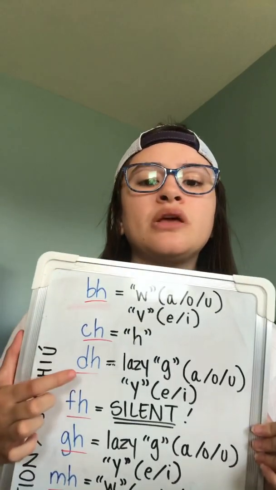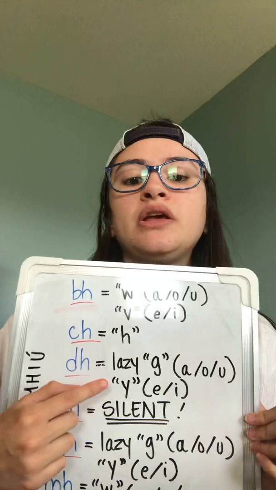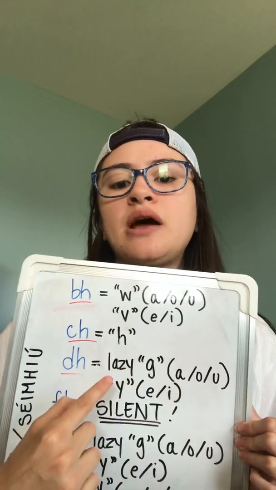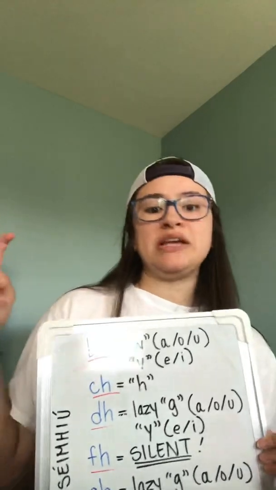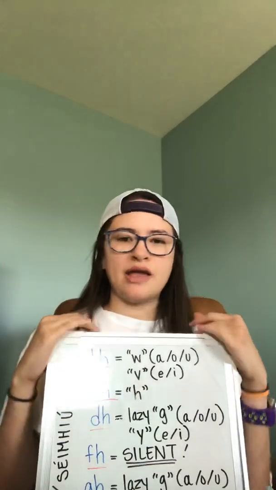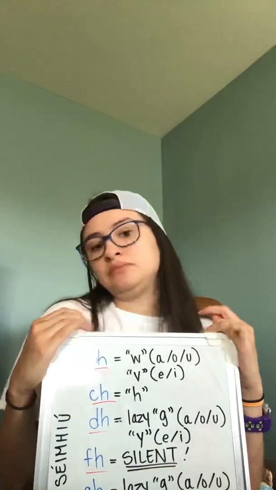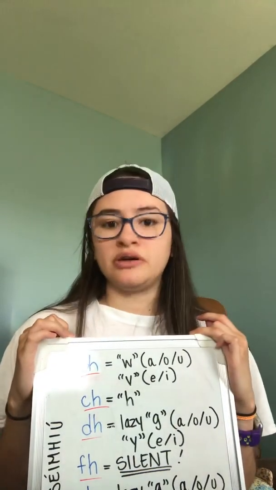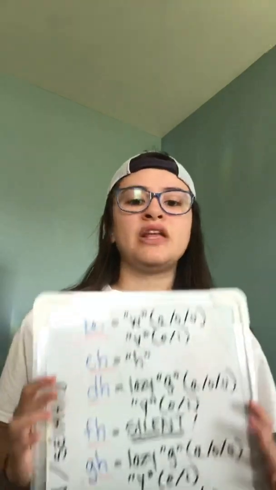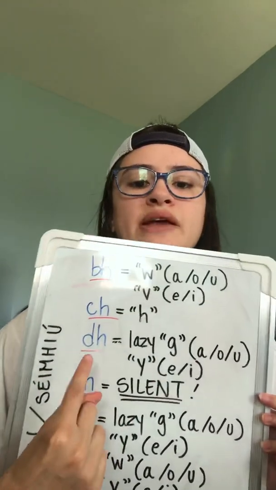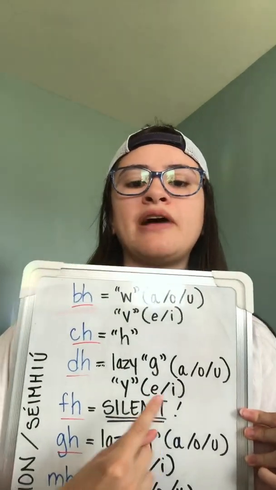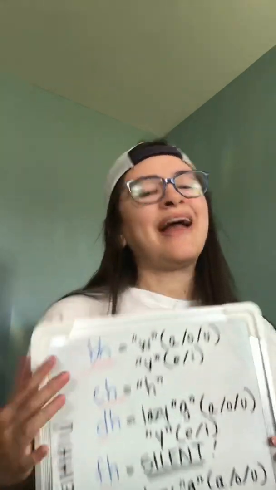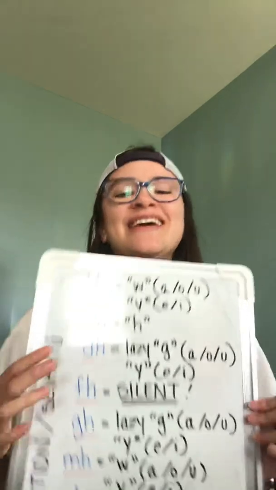Okay. DH. Well, if it comes before a broad vowel, it's going to sound like what I call a lazy G. I've heard some people call it a guttural G, either one, but it sounds like R as opposed to G, R. If the DH comes before an E or an I, slender vowel, it's going to sound like a Y, Y. Oh, I like F, because it's funny.